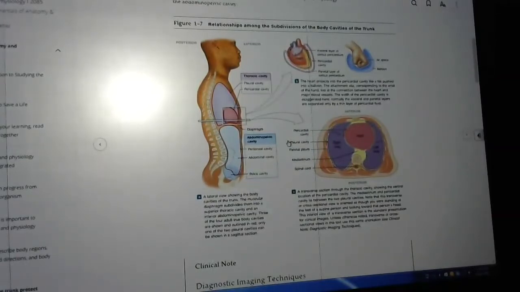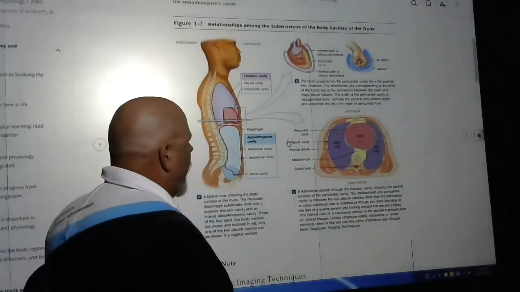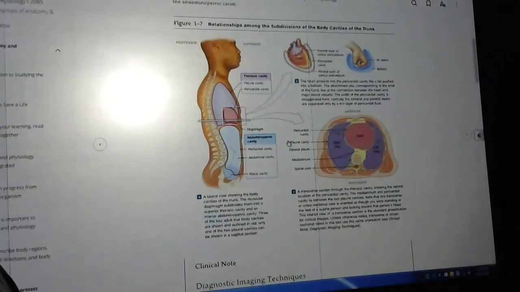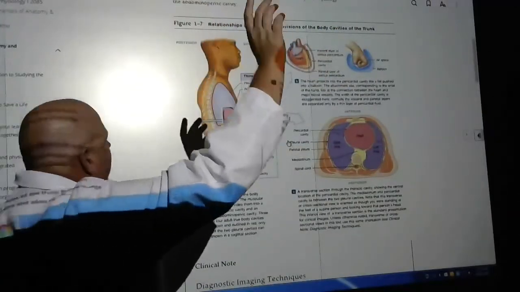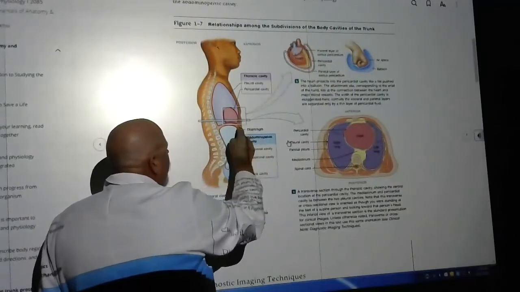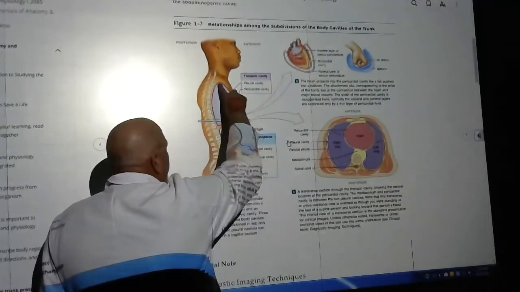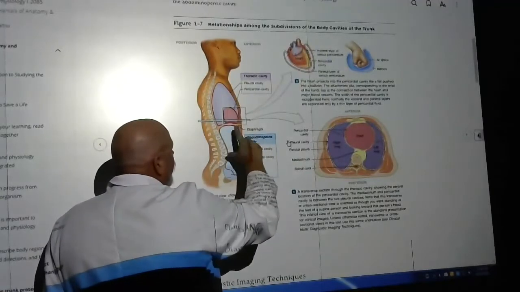So what we have is the thoracic cavity and the abdominal pelvic cavity. We actually have a vertebral cavity too, and a cranial one as well, but for some reason they don't like to put that there. But anyway, the thoracic cavity is separated from the abdominal pelvic cavity by the diaphragm. The diaphragm is what we use to breathe, right? This actually separates these two cavities, okay?